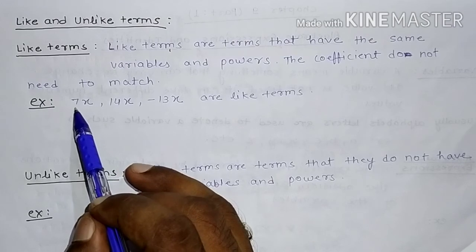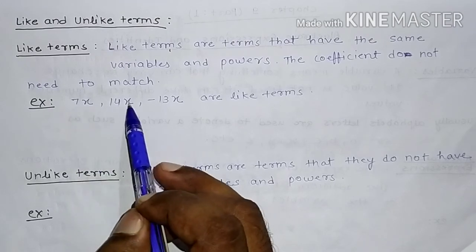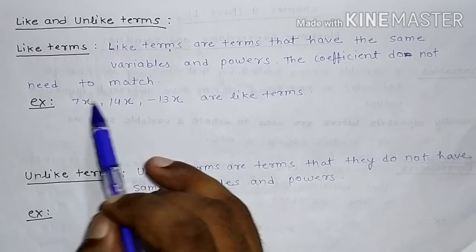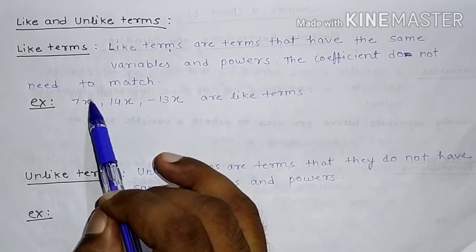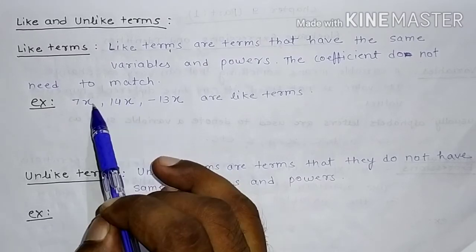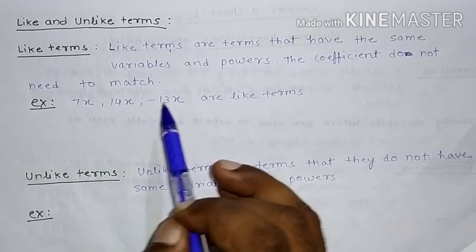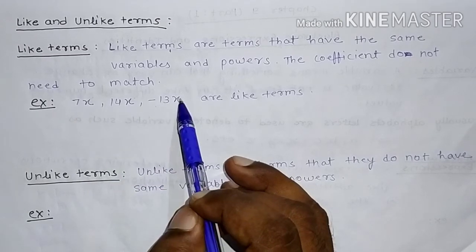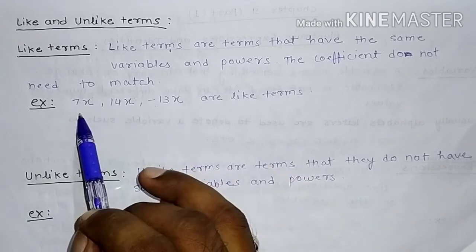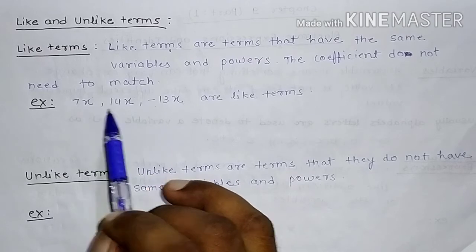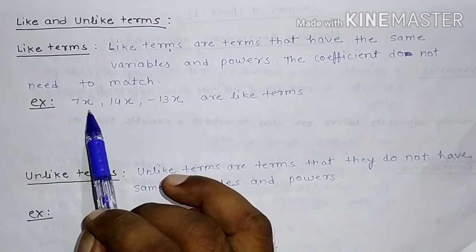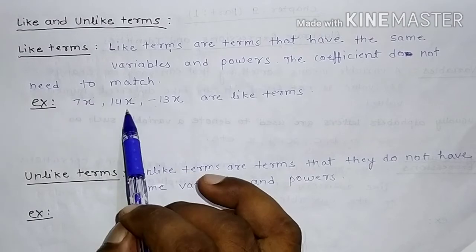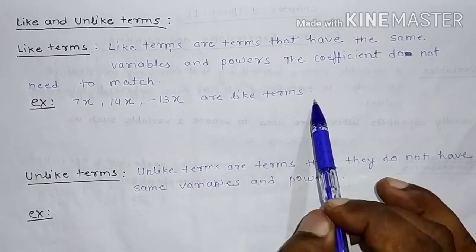Okay, so here 7x and 14x. The coefficients are 7 and 14, no matter, and the variable is x, and the power is also 1 and 1 here. That's why these are like terms. Similarly, minus 13x. In these three terms, the variable is x, so these are like terms.